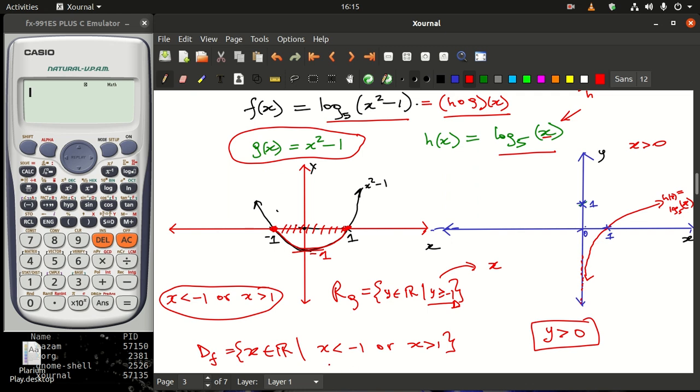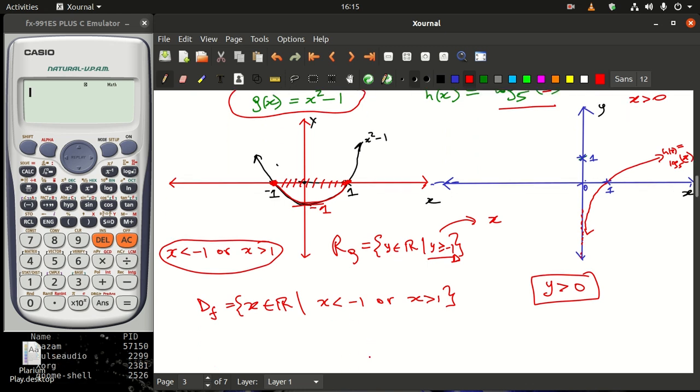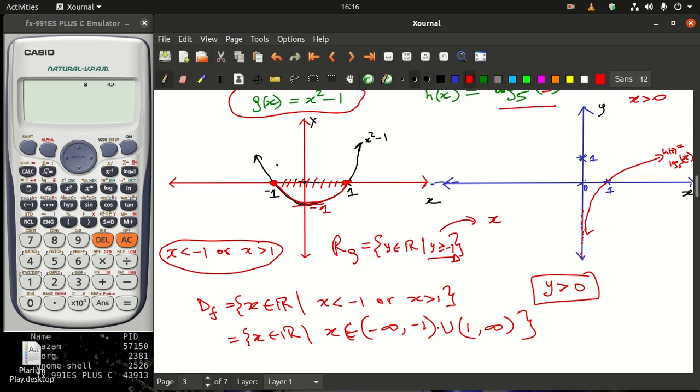Another way to rewrite this: x is an element of real numbers such that x takes all the values from negative infinity up to, but not touching, minus 1, union, 1 not touched, up to positive infinity. So this is how you find the domain.